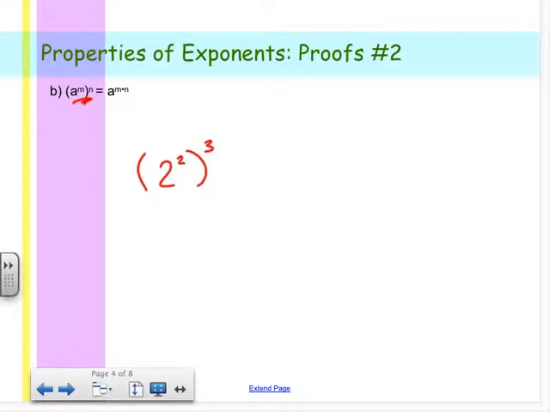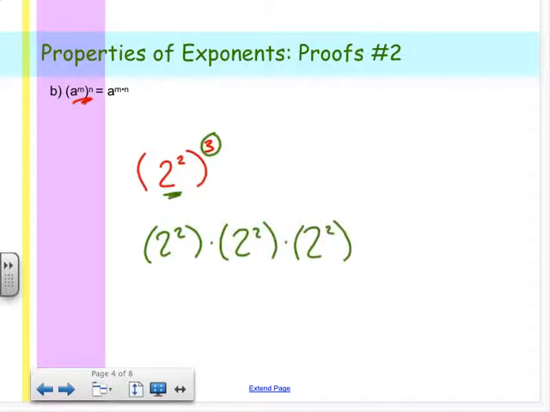Now, going about the same process as we did on the last slide, this is essentially the same exact thing as taking whatever's on the inside here and multiplying it by itself 3 times. So I could say 2 squared times 2 squared times 2 squared. This rule should look very similar to the last one we did. We're multiplying things together that all have the same base.